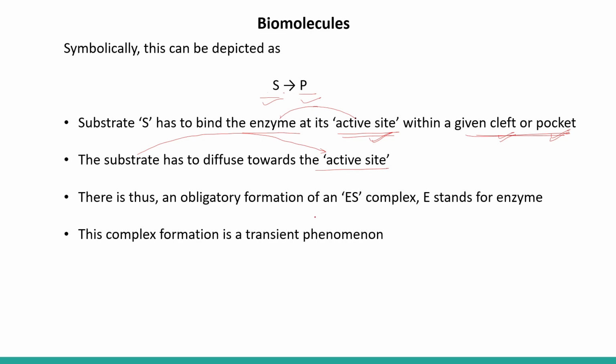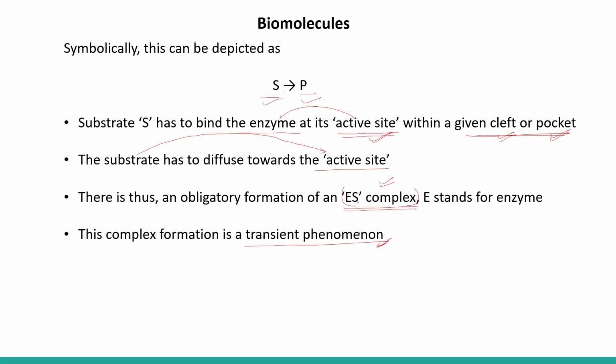And there is a certain stage where the ES complex is formed. ES means enzyme and S means substrate. So the ES, enzyme-substrate complex, is formed. Okay, and this complex formation is a transient phenomenon. So this is not the result.